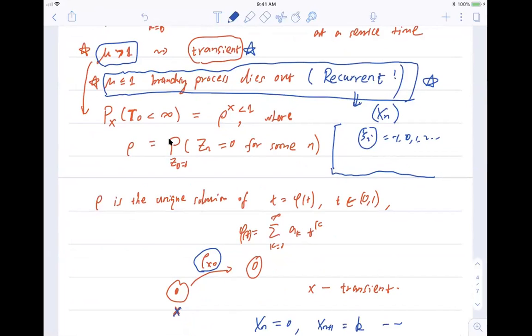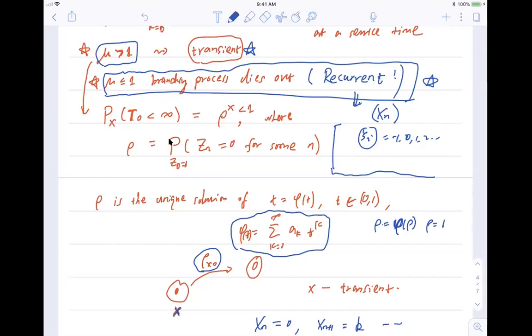When we discuss this, of course there's one solution, and rho can be one. Rho equals one is always a fixed point, but we want to seek the fixed point between 0 and 1.